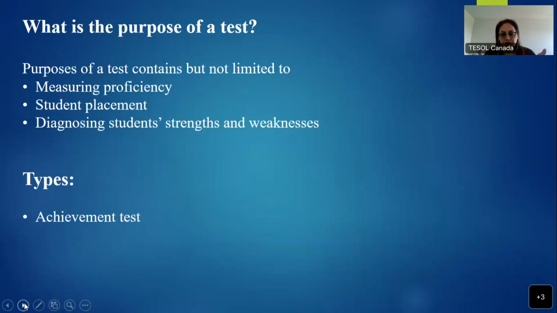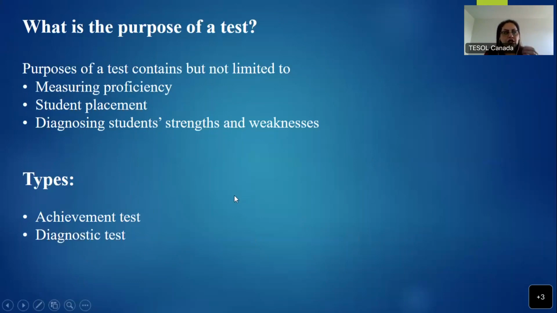You teach some lessons or units, then you reflect and get the feedback. Summative assessment: you give them midterms, quizzes, and finals. Why? Because you want to measure how well they have learned. That's the achievement test, and it is based on the objectives of the lesson.